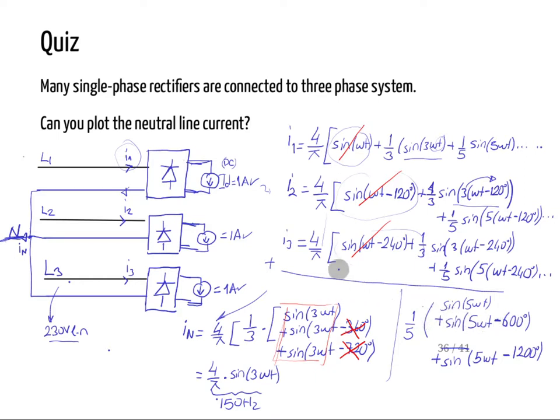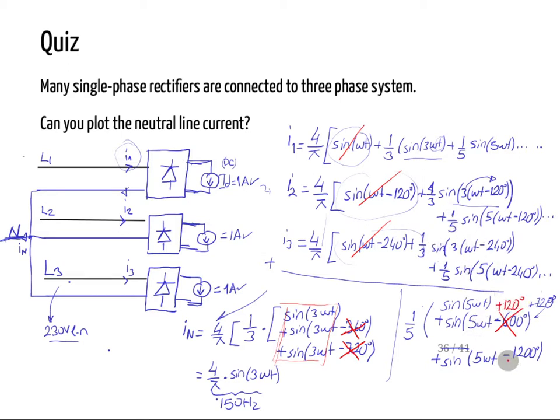I can add or subtract 360 or the multiples of 360. So let's add 720 degrees to that one, just to simplify it, and that can become plus 120 degrees.